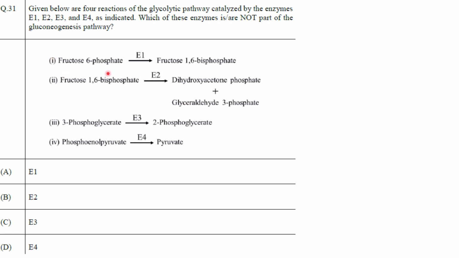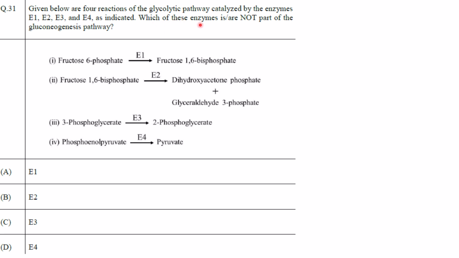See here, fructose 6-phosphate giving fructose 1,6 biphosphate in glycolysis is catalyzed by phosphofructokinase. Whereas in gluconeogenesis, the reverse reaction, fructose 1,6 biphosphate to fructose 6-phosphate, is catalyzed by fructose 1,6 biphosphatase.